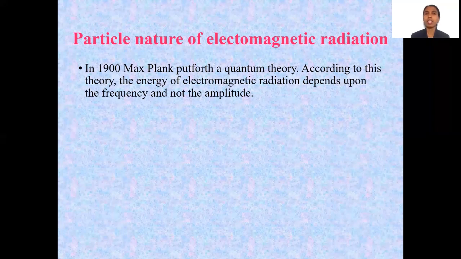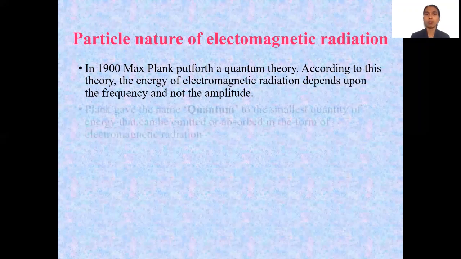In 1900, Max Planck put forth a quantum theory. According to this theory, the energy of electromagnetic radiation depends upon the frequency and not the amplitude. So the energy of electromagnetic radiation depends upon the frequency and not on the amplitude.